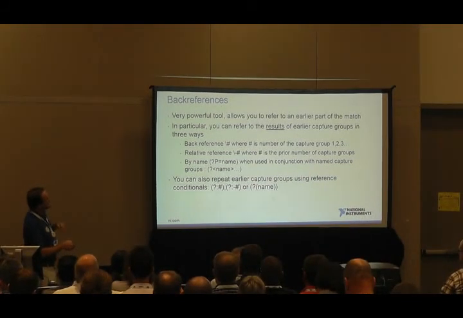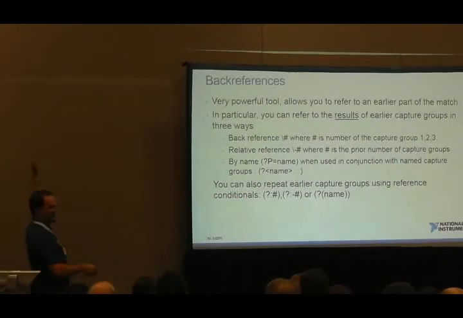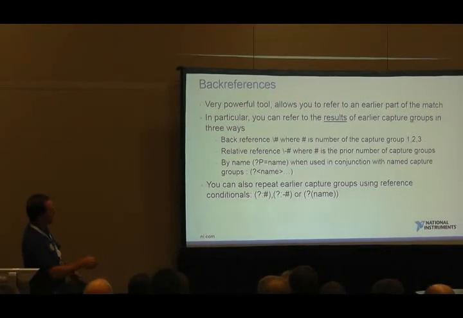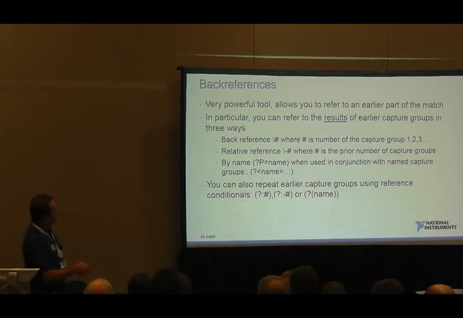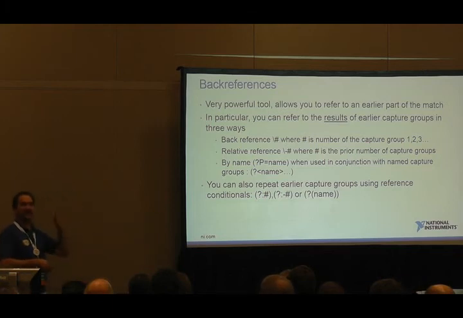You can do this in 3 different ways. You can use the shortcut /number, where number is the capture group, so it goes by 1, 2, 3, et cetera: /1, /2, /3. You can do a relative reference, which becomes more reusable. You could say /-1, then that's the first prior capture group.